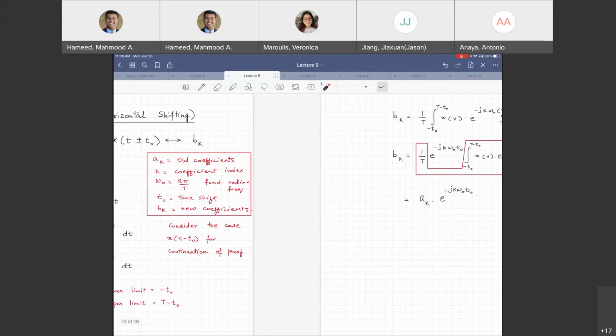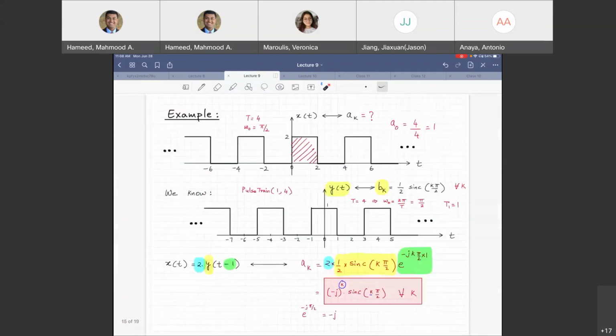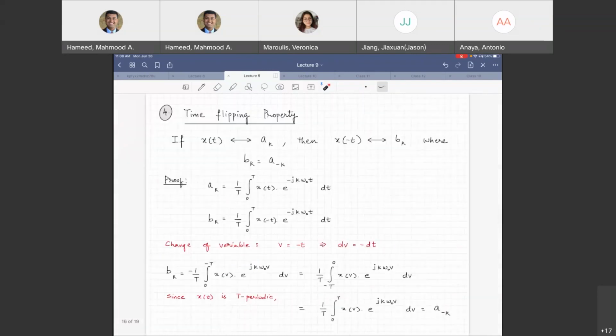Okay. So next we have the time flipping property. What happens to the Fourier series coefficients if you take the signal and flip it about the y-axis?